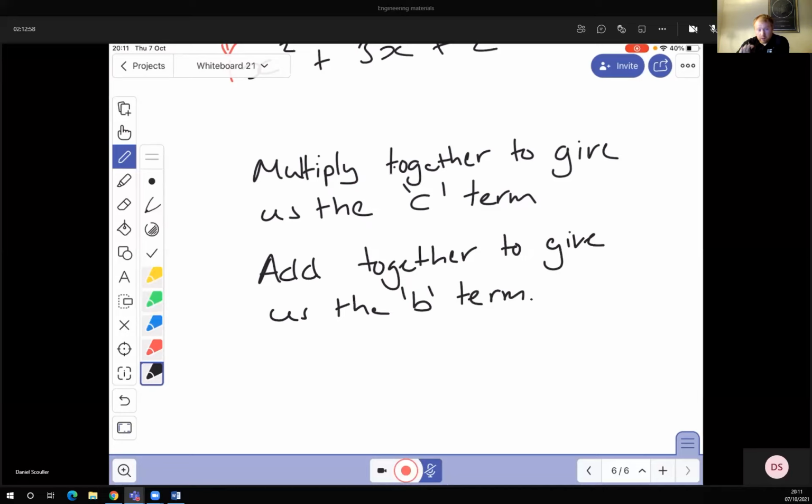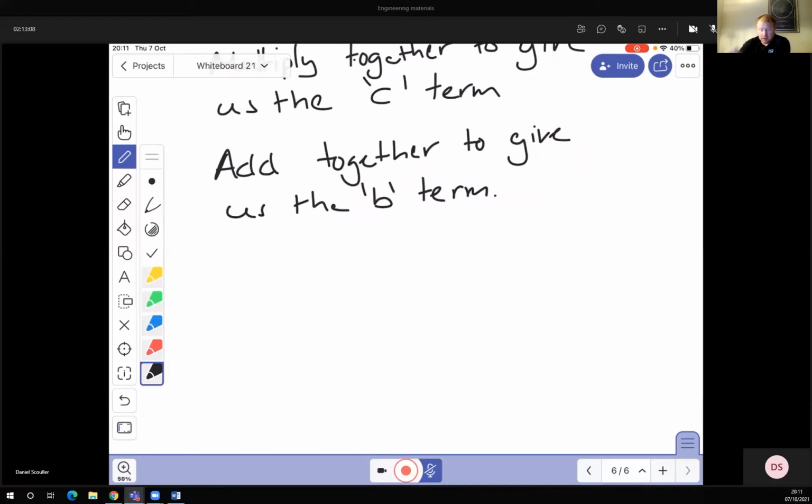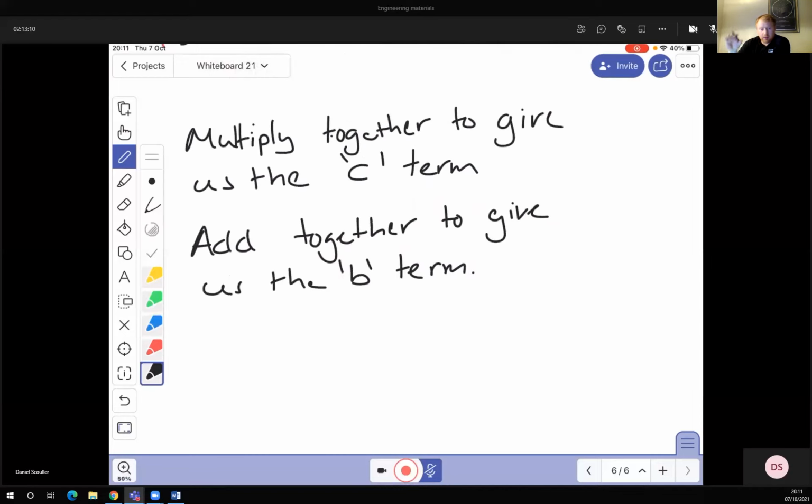Okay, so before we put it into a trinomial format, let's just look at what I mean by that. We're looking for pairs of numbers that multiply together to give us one number and add together to give us another number.